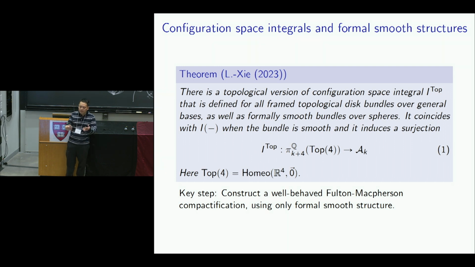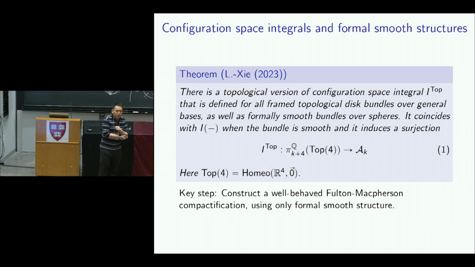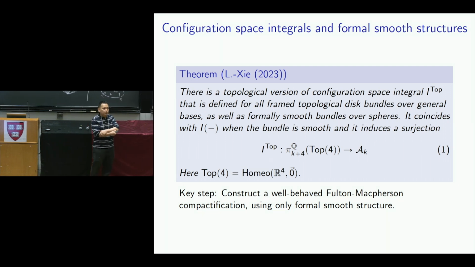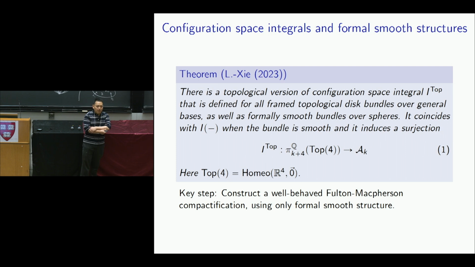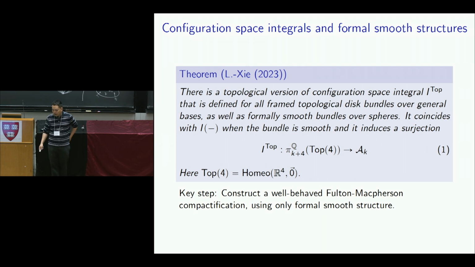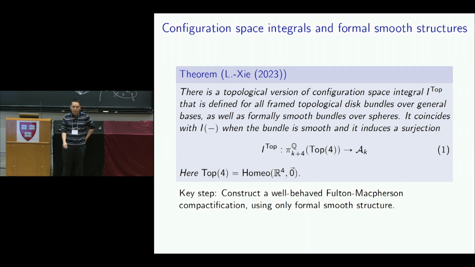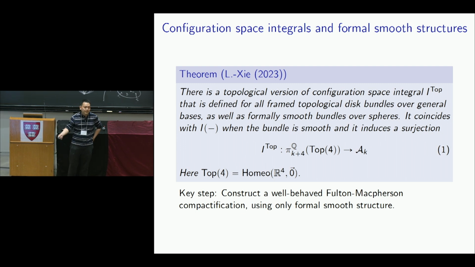In other words, it's a configuration space integral that only depends on the formal smooth structure. So you actually don't need a smooth structure on your manifold. You just need a linear structure on the topological tangent bundle, and it coincides with the classical configuration space integral when the bundle is actually smooth.